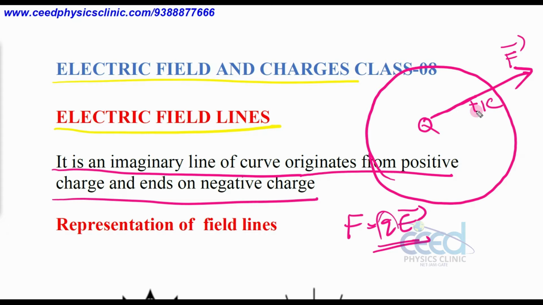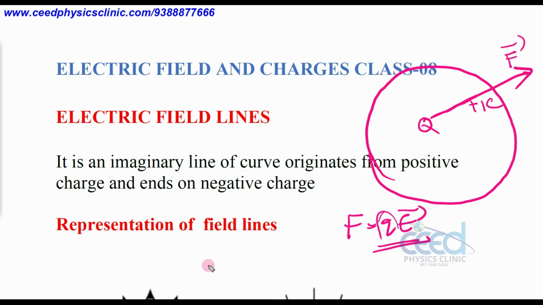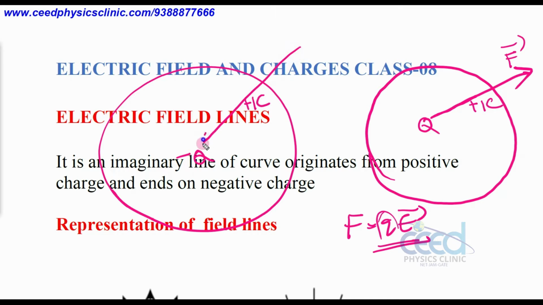The field line always originates from a positive charge. If I consider a negative charge, and bring a +1 coulomb into the region around it, it is attracted towards this charge.